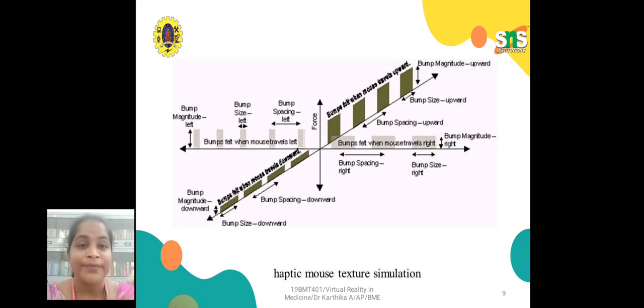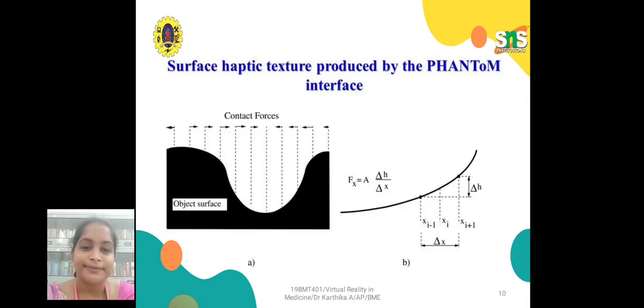We have to analyze each and every side of the real world object to give a better experience in the virtual world. Okay, see here, surface haptic texture produced by the Phantom interface. Here we have contact forces on the object surface, and the force Fx is equal to A multiplied with del H by del x.